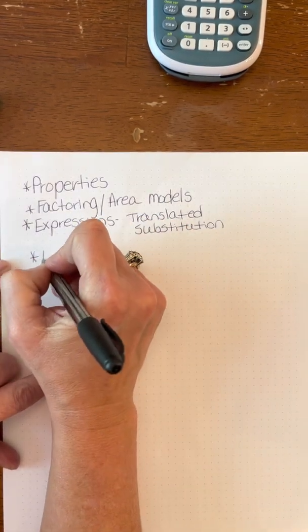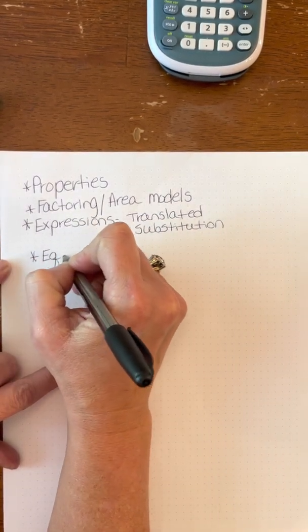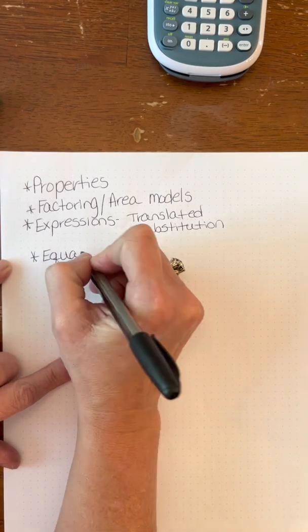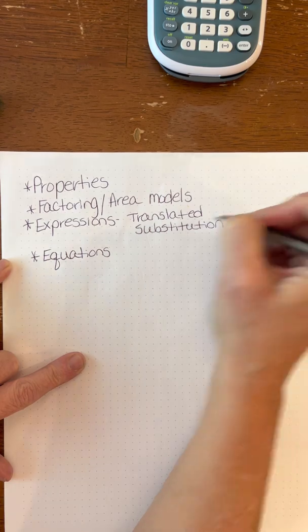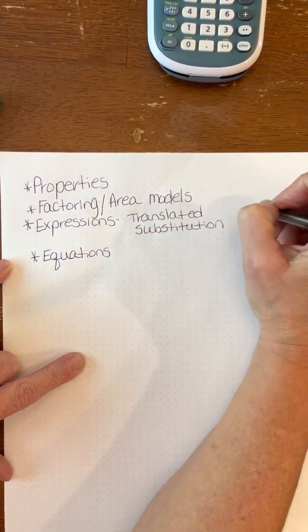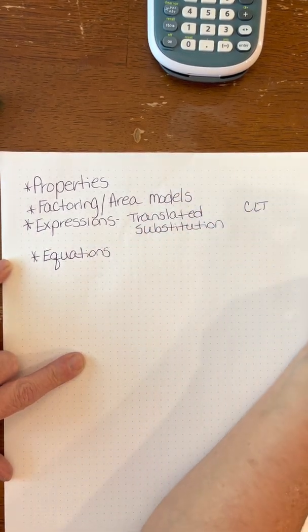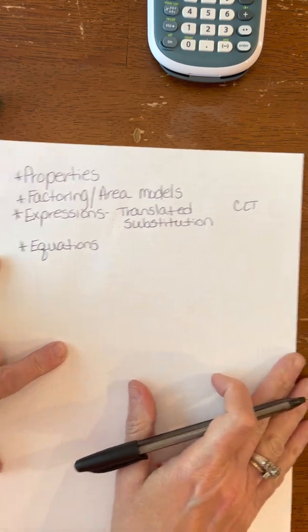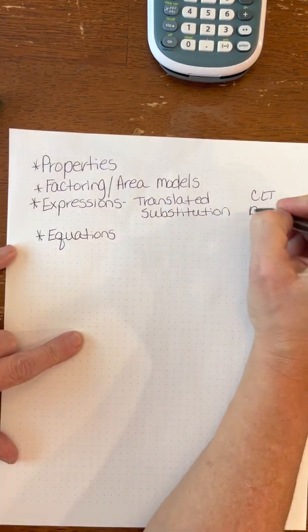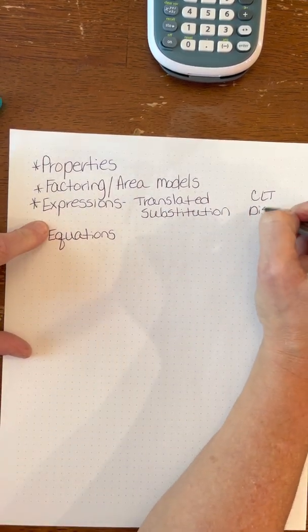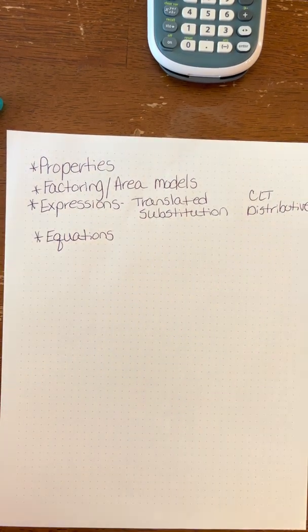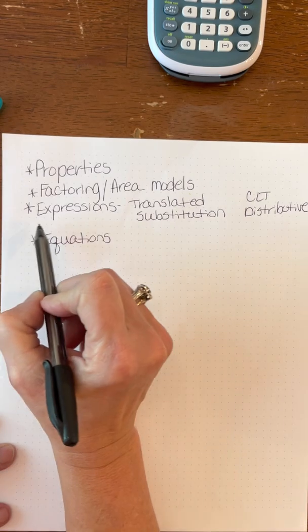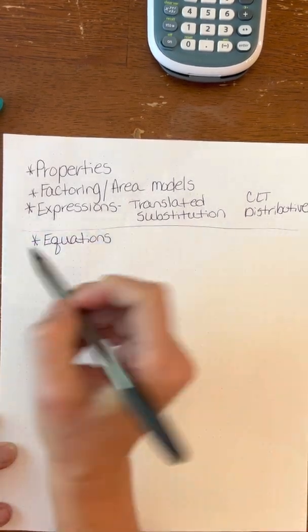Then we did equations. Actually, with expressions, we also combined like terms. We did the distributive property with expressions. We did all of this with expressions.